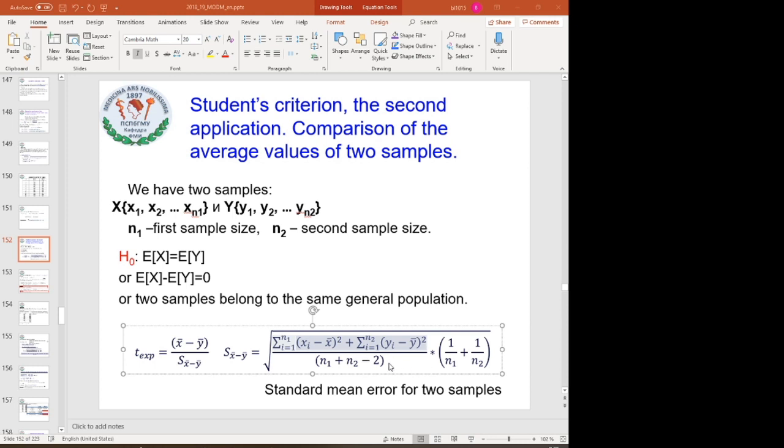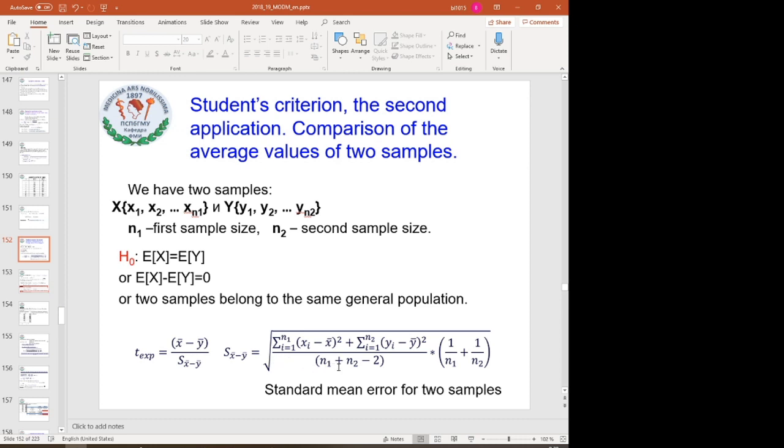And in place of n in the denominator, we have n1 and n2, and this is the sum of inverse values of n1 and n2. So the formula looks more complicated, but contains the same ideas, the same sized numbers.